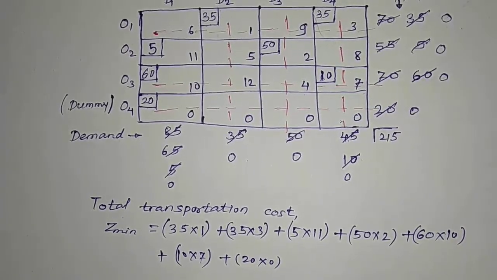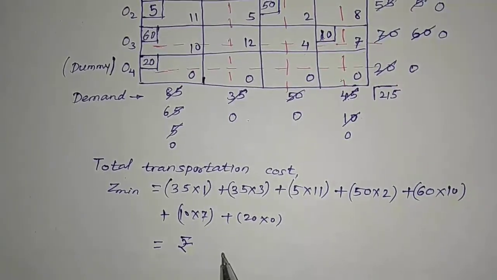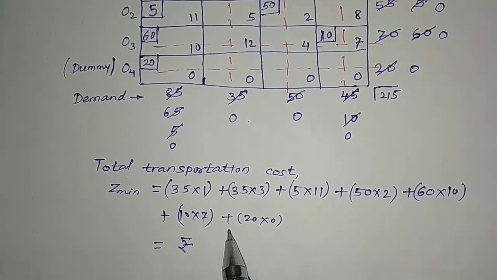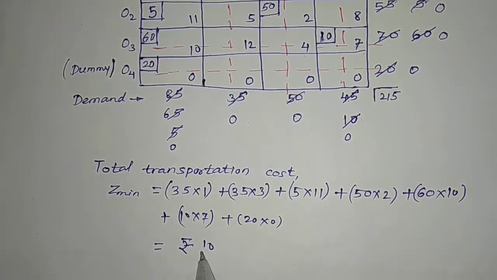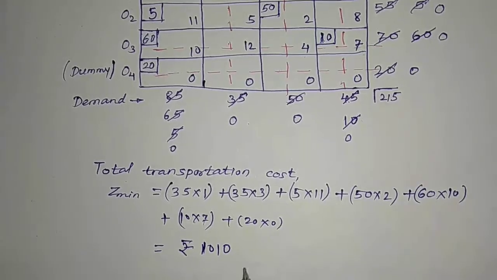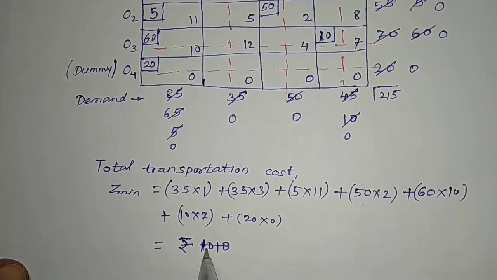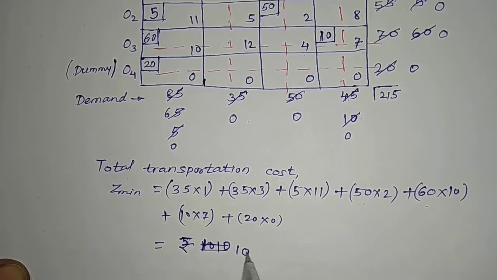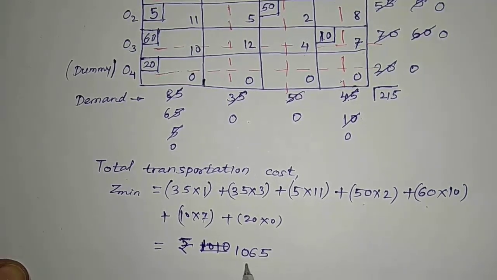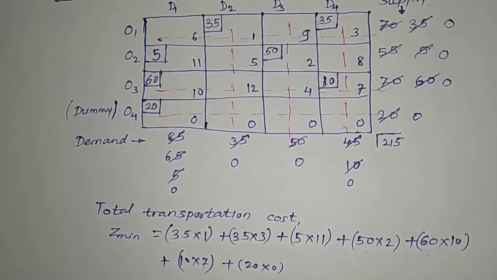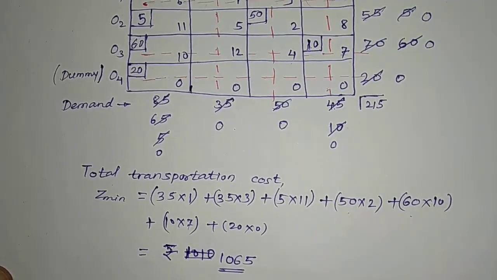So it comes to rupees 1065. So this is the total transportation cost obtained by the least cost method.